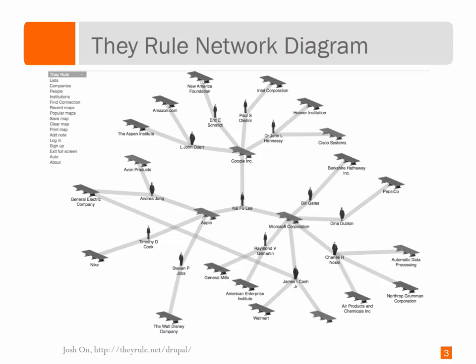When we have a network diagram, one of the things it is very, very good at is giving an overview of a larger picture and all the relationships between different entities.